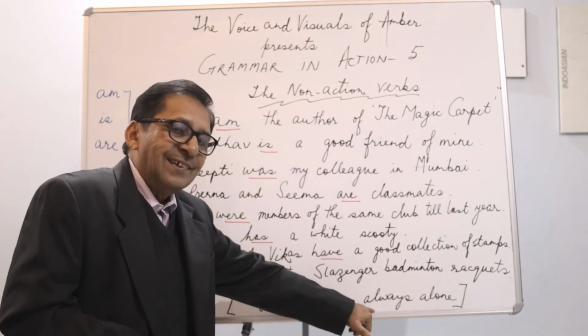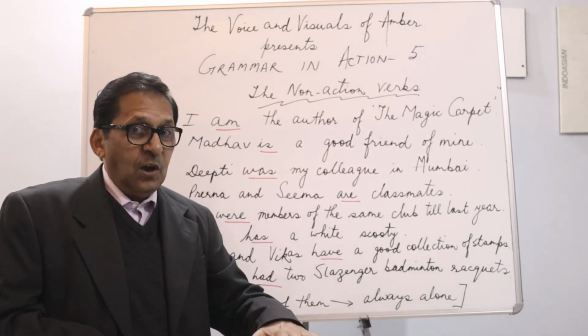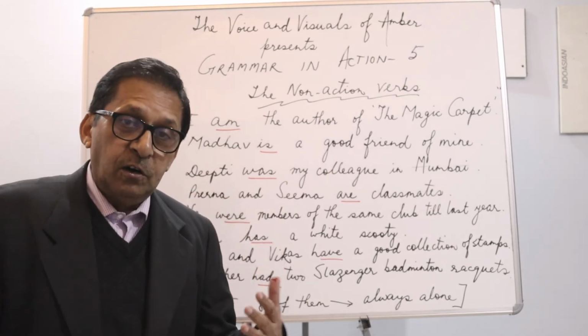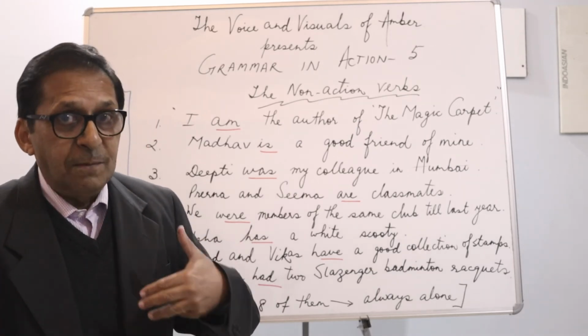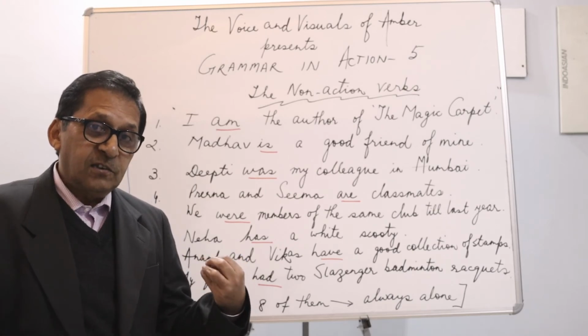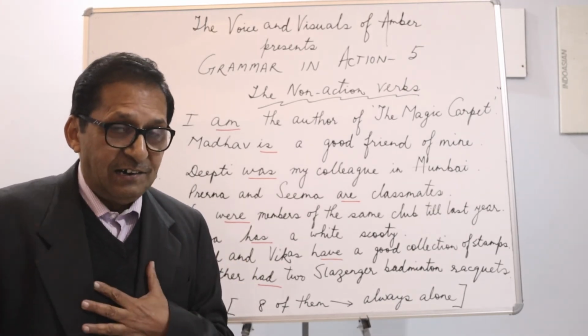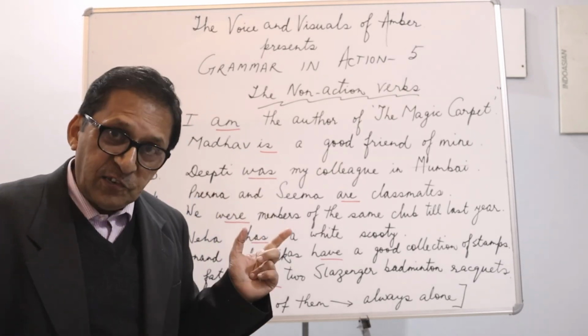It always stands alone in a sentence to show a state of being which is in the present or which was in the past. Something was or something is. Some things are or some things were. I am, we are, or we were, I was.